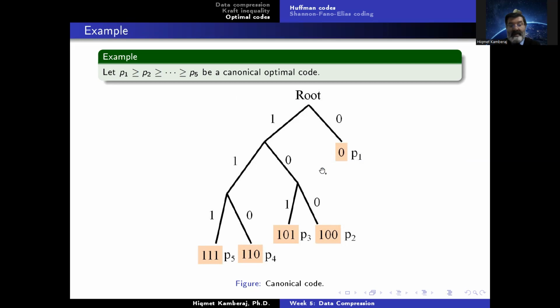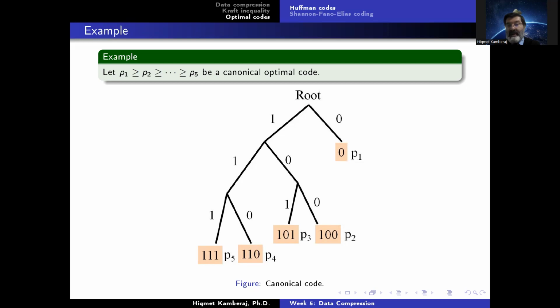Then I have l_2 equal to 3, with p_2 and the code 1, 0, 0. l_3 is equal to 3, with code 1, 0, 1 and p_3. p_4 and p_5 have codes 1, 1, 0 and 1, 1, 1. You can see that p_4 and p_5 have the same code length, and the code words differ in the last bit, one has 1 and the other 0. So this is a Huffman code.